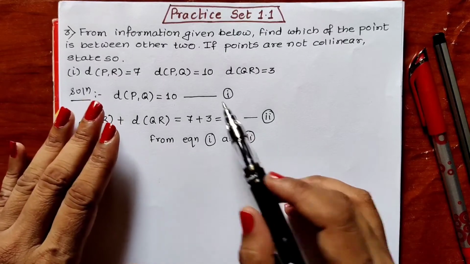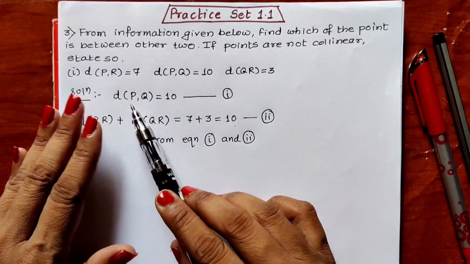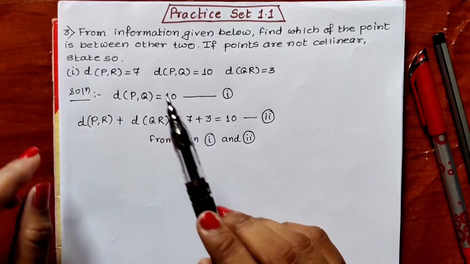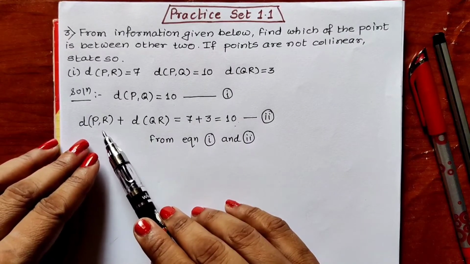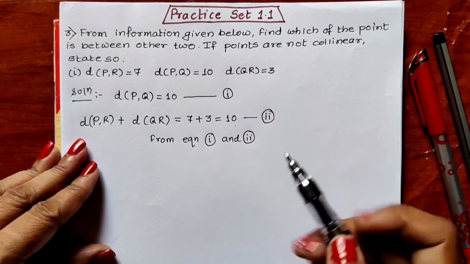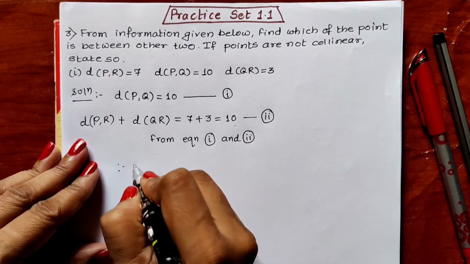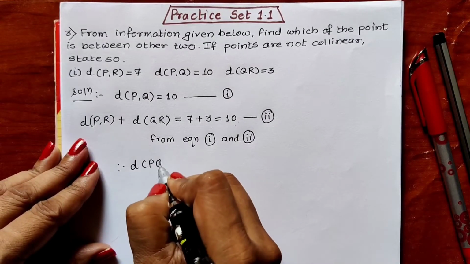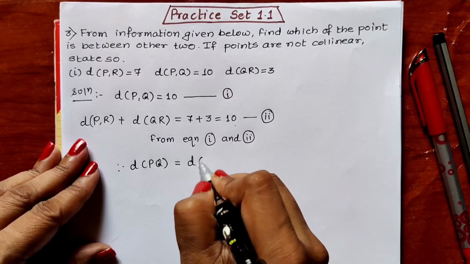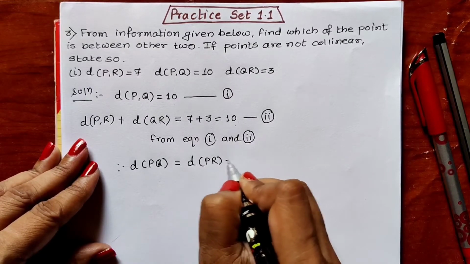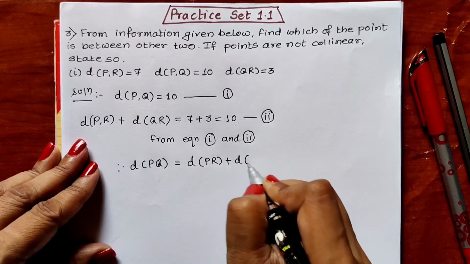What is there on the left hand side of equation 1? Distance PQ. And what is there on the left hand side of equation 2? Distance PR plus distance QR. That means distance PQ is equal to distance PR plus distance QR.